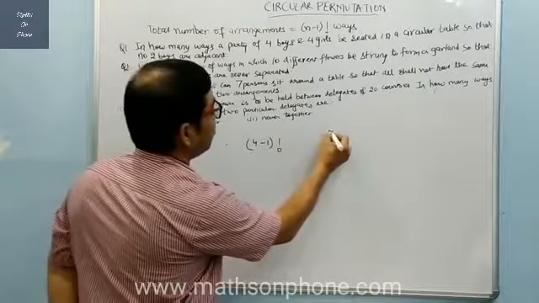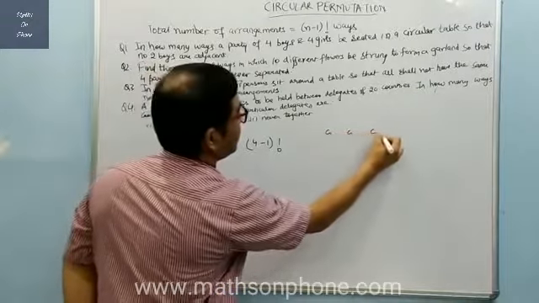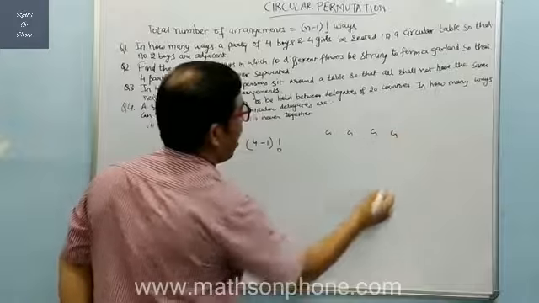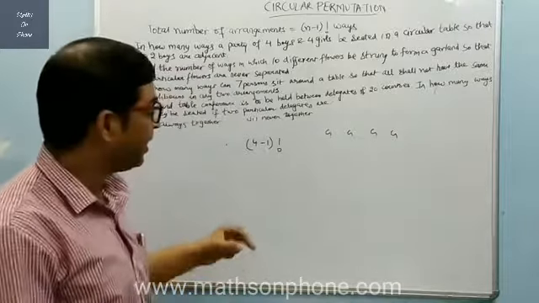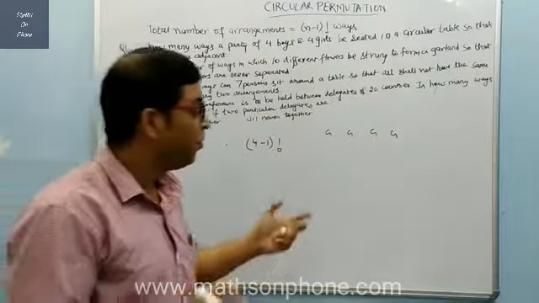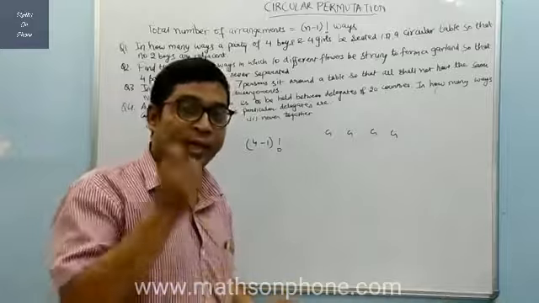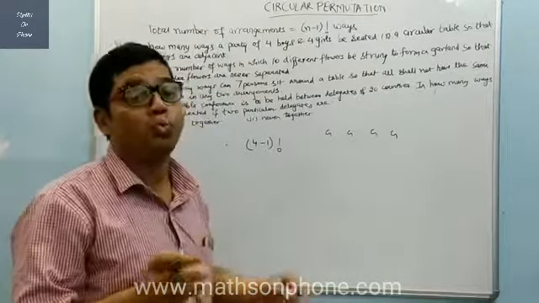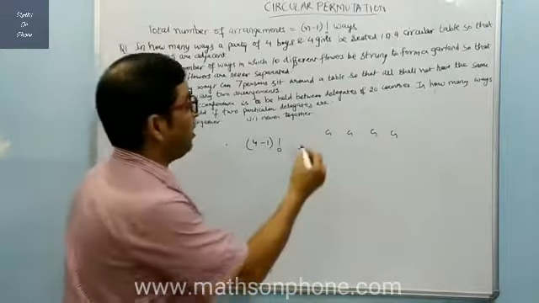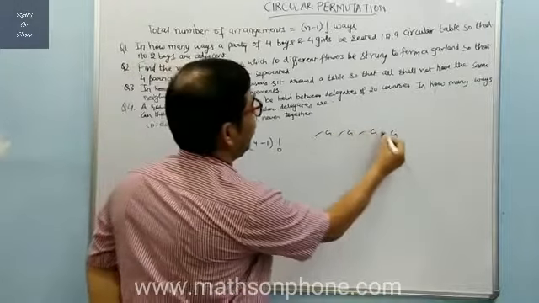Okay, now the girls are like this. How many places are there between the girls where the boys can be seated so that no 2 boys are together? See, how many places are there? 1, 2, 3, 4.